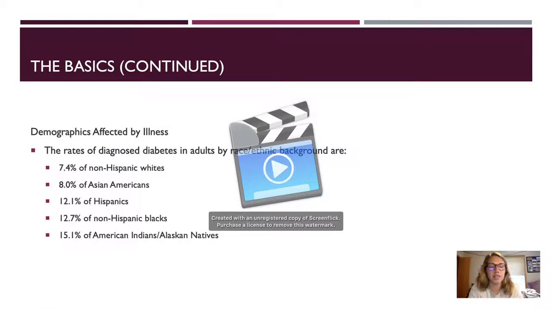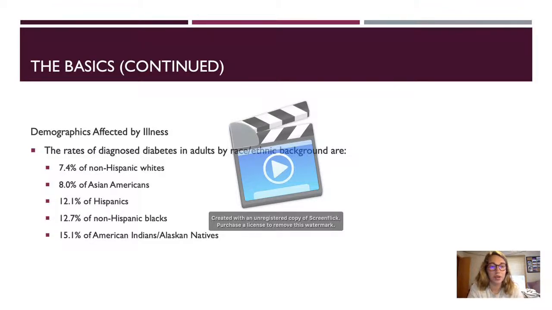So, some demographics that are affected by this illness: there's actually a pretty big prevalence among minorities, and it gets higher in the populations that aren't white.